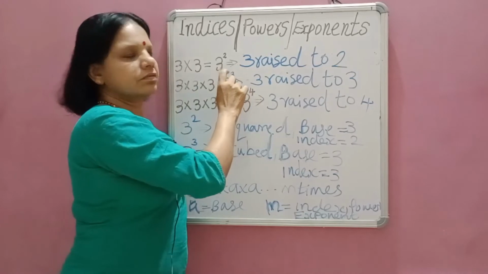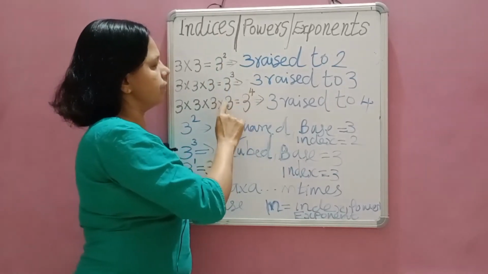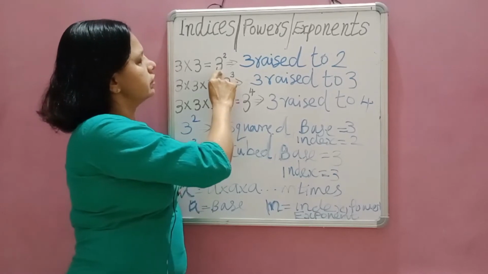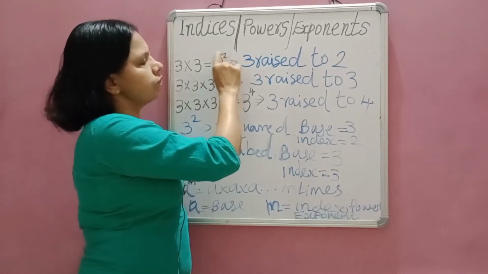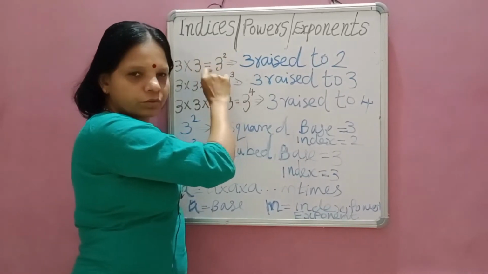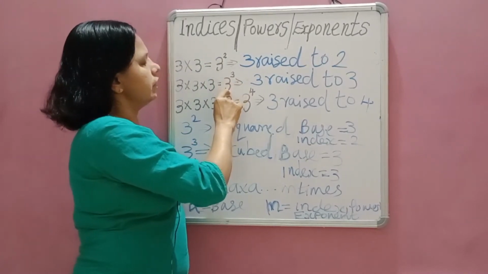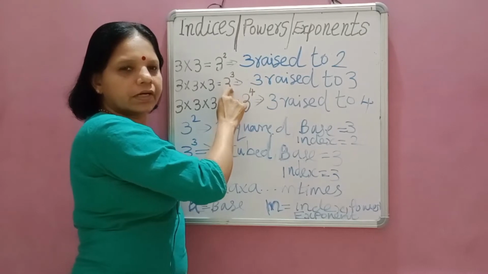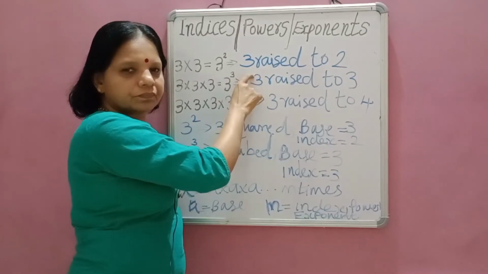In this form of number, 3 raised to 2 is also read as 3 square, and 3 raised to 3 is nothing but 3 cube.